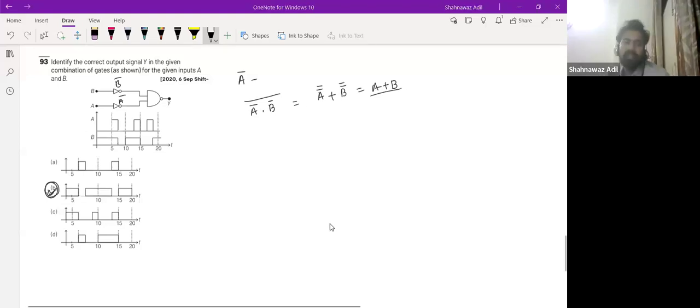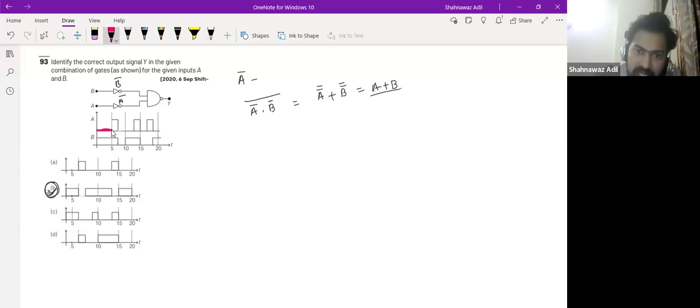You see that up to 5, A is 0. The input is 0, right? Up to 5, B is 1. So if I draw A, it is only this one.